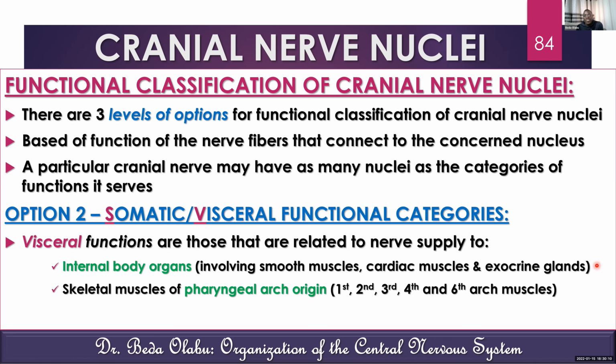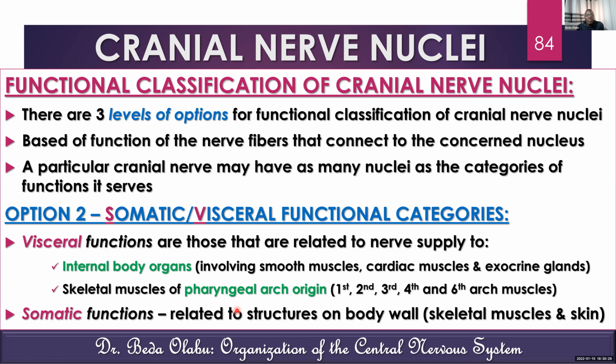So visceral functions are autonomic functions. And this one, we call that branchiomotor. Branchiomotor is innervation to muscles of pharyngeal arc origin. So those are the ones we call visceral.